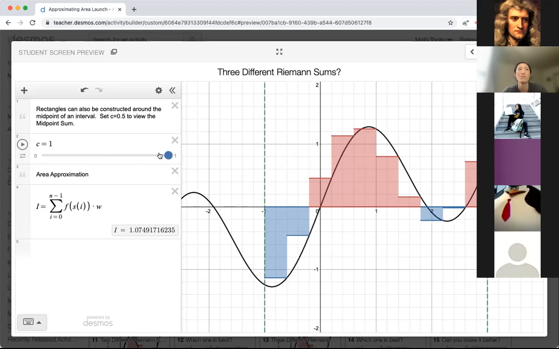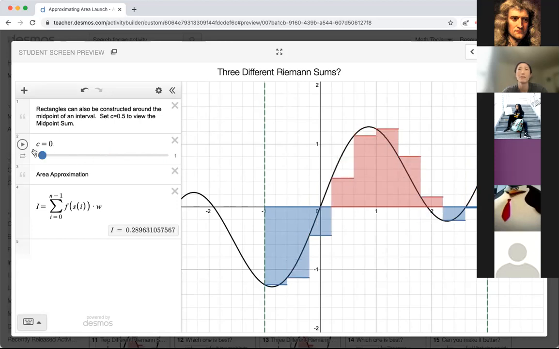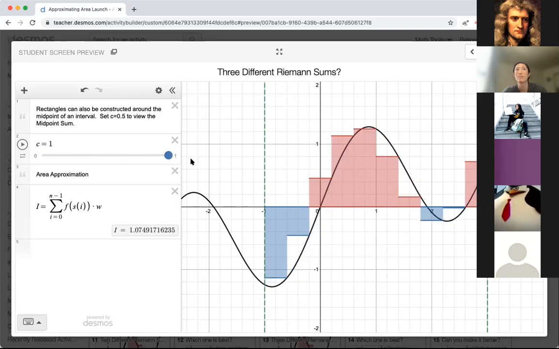So you can use this to look at what happens if you choose the y value of the middle x value. Okay, so left, right, and middle. Okay, so I'll let you finish that piece up on your own time.